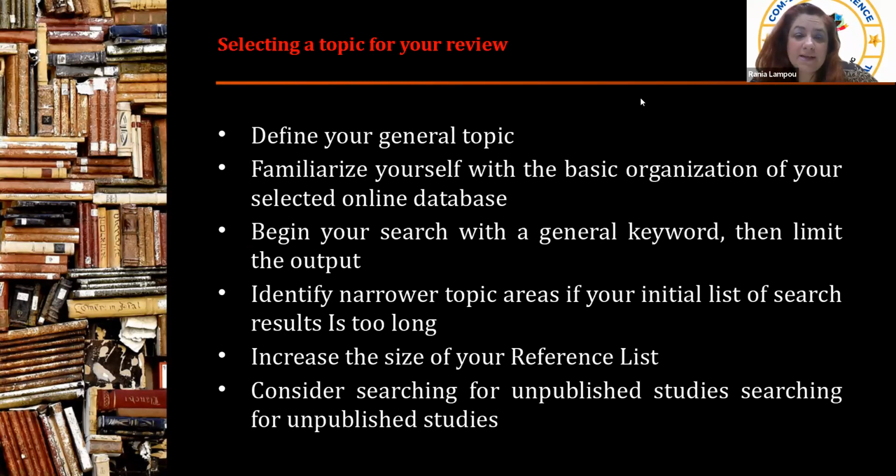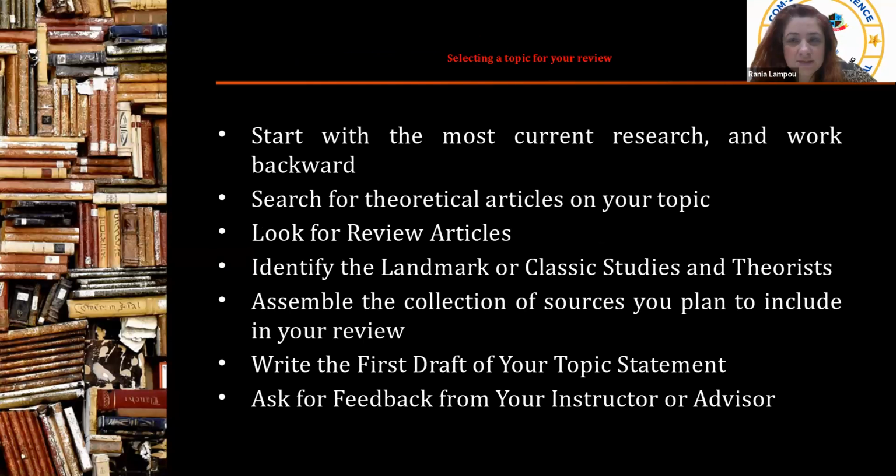Begin your search with a general keyword, then limit the output. Then identify narrow topic areas, increase your reference list, and consider whether it is valuable to search for unpublished studies, because this sometimes has another value.